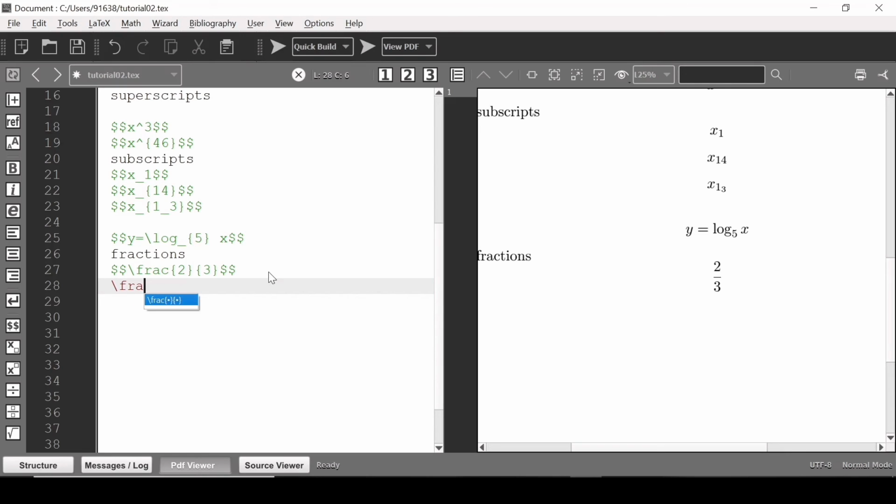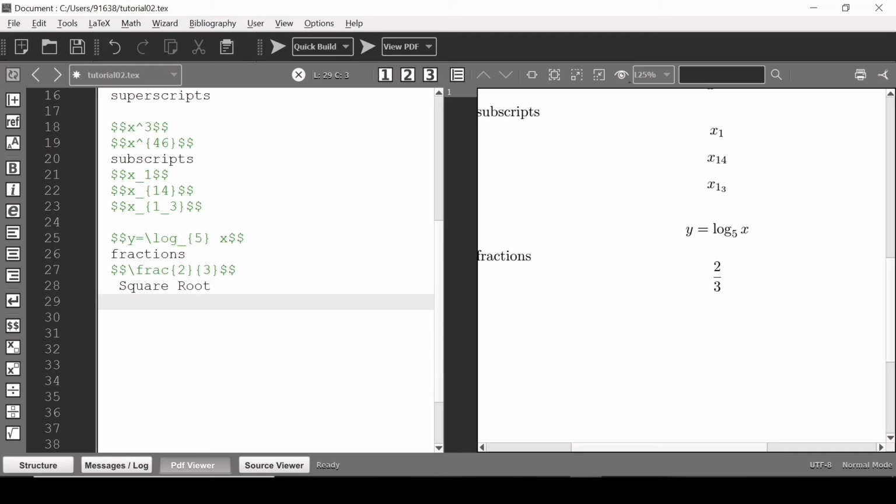Backslash frac, curly brackets. Inside this curly bracket, let's put more. Okay, let's first learn the square root.